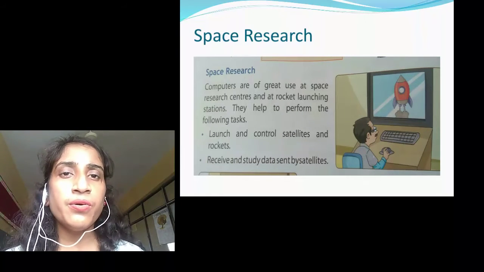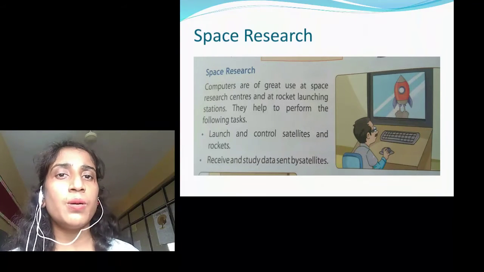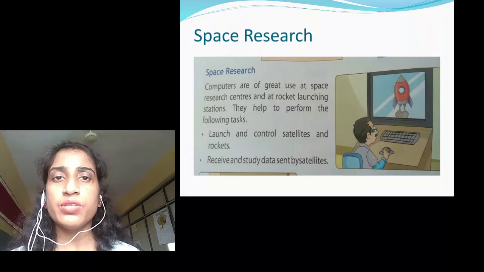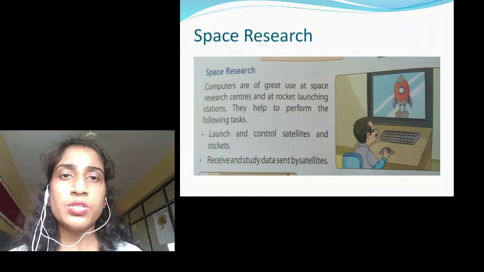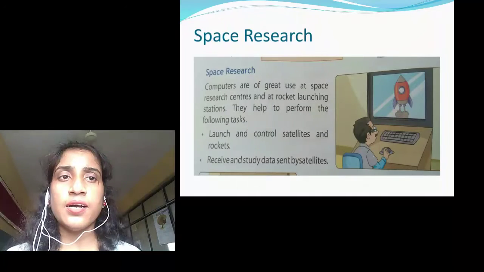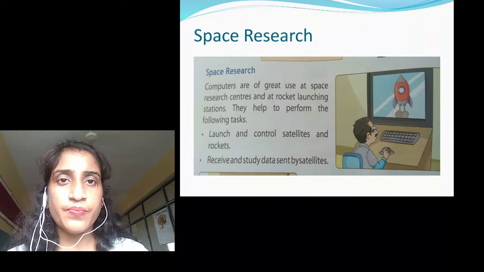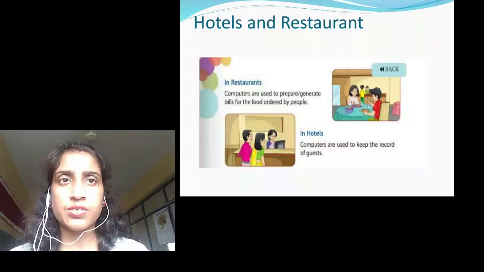I already told you, with the help of computer, by the satellite, you can receive information about the planets and the weather, and you can study the planets also. Students, this is all about space and research.